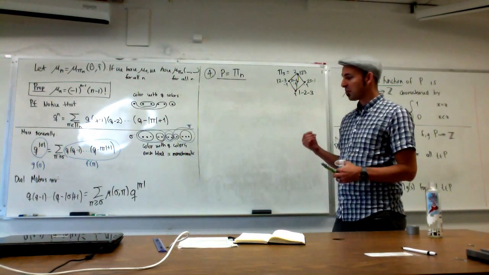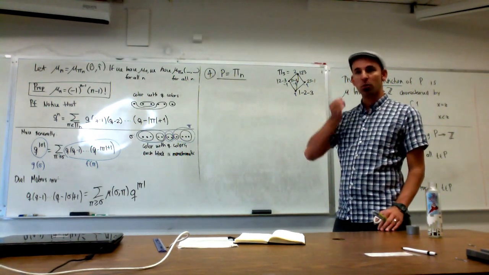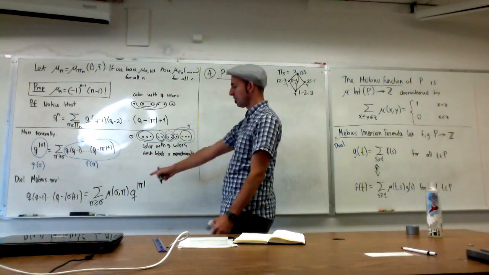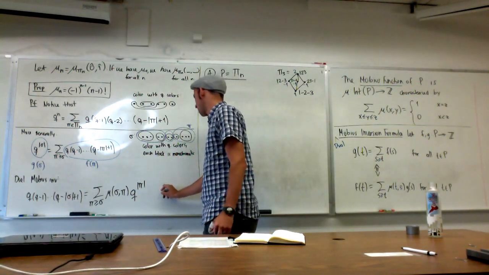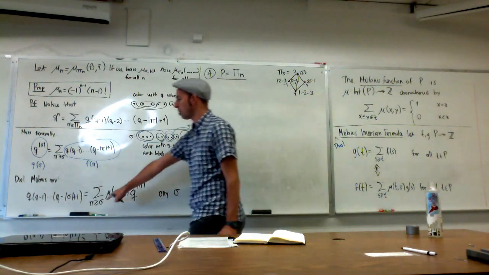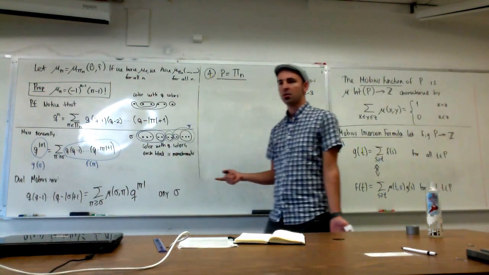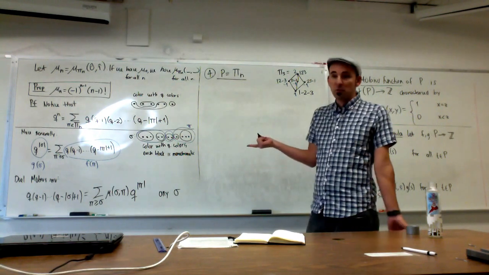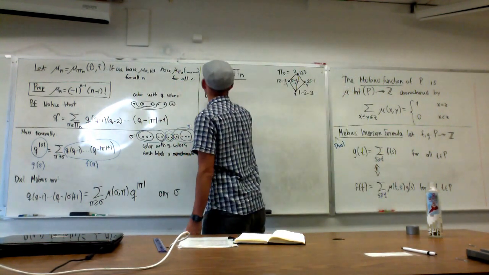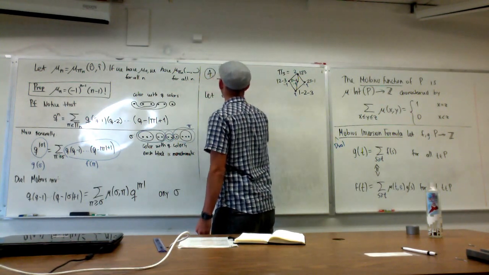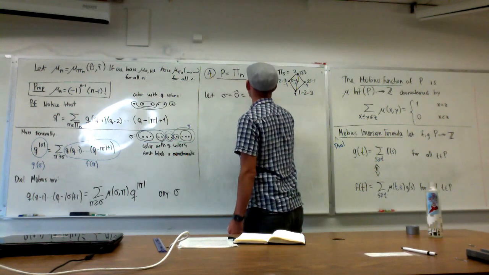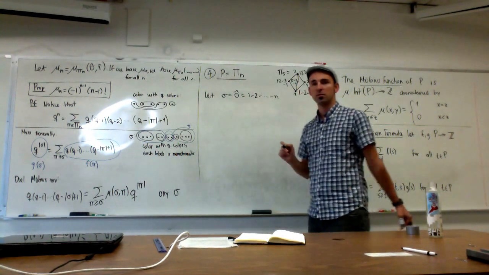In particular, remember that we only care about the Moebius function from 0 to 1. This is true for any sigma. Pi is variable, sigma is anything that you want. So let's plug in sigma to be the bottom element, the partition with all parts singletons.